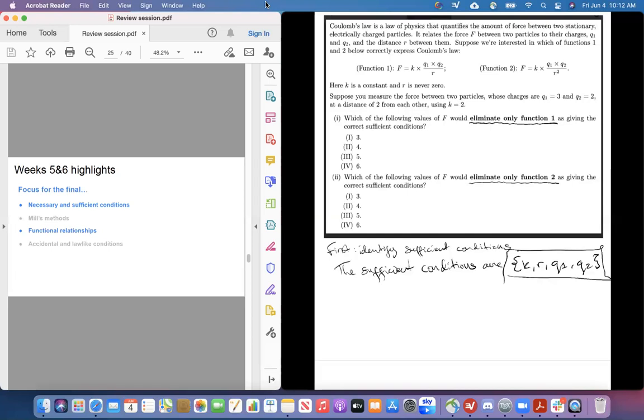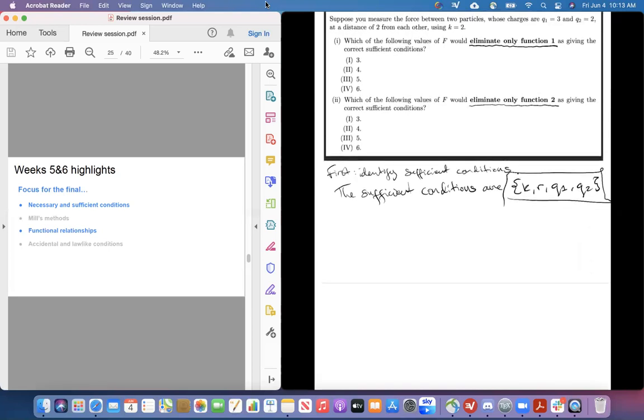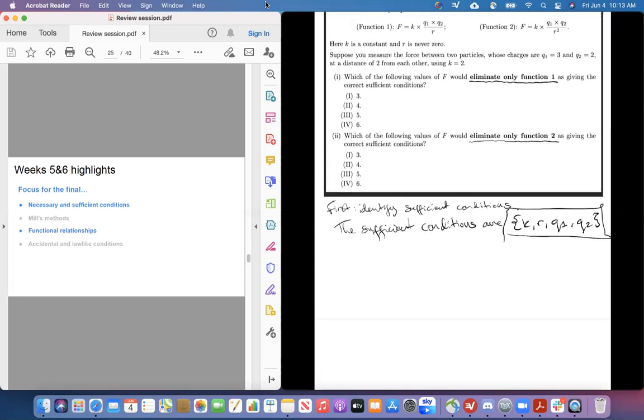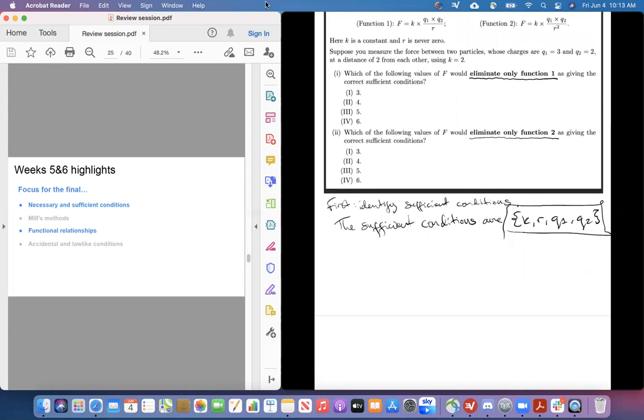That is one sufficient condition altogether for F. Because of course, R on its own won't determine F. You need to know all of the values to give you a value for F. That's why all of them constitute the sufficient condition. So it's not just one or two. That is important. Okay. So the question is, let's try and leave the functions on there.